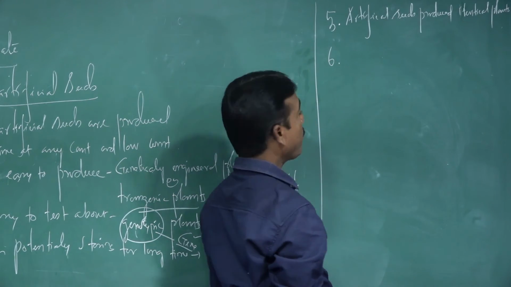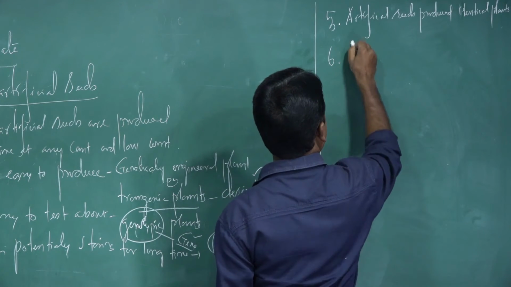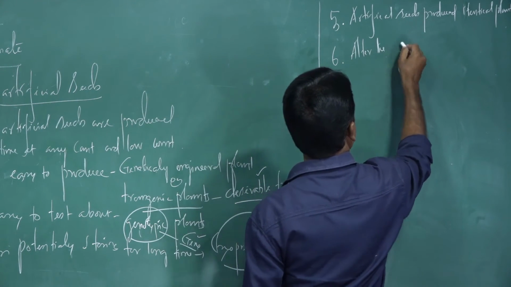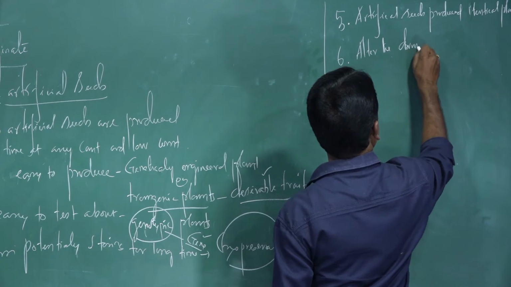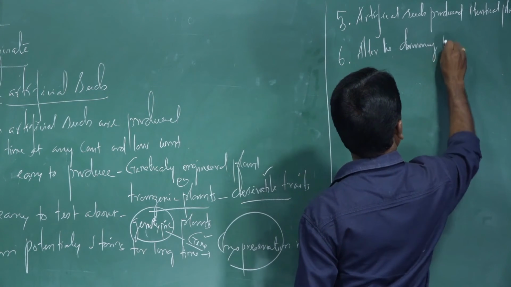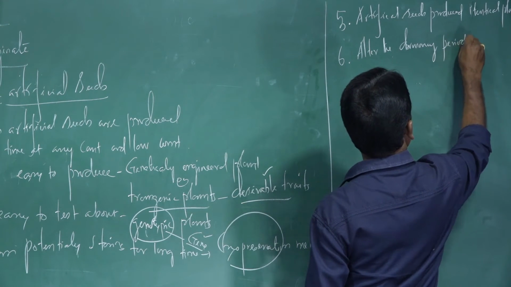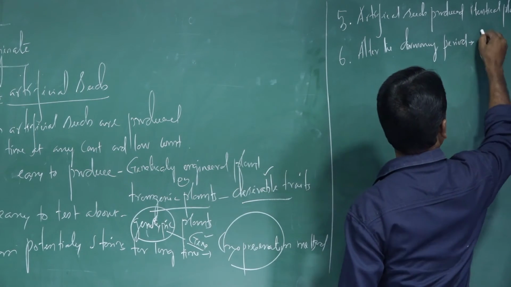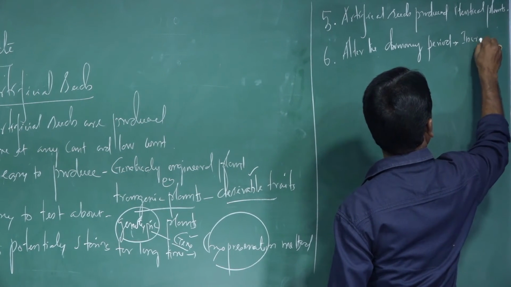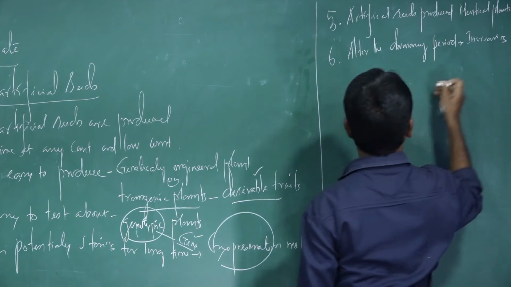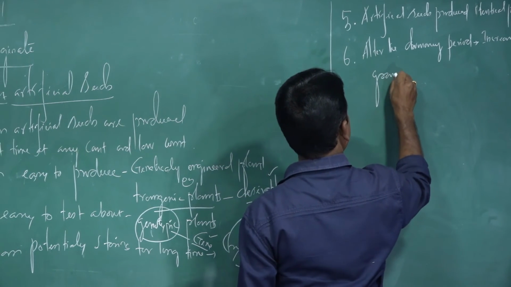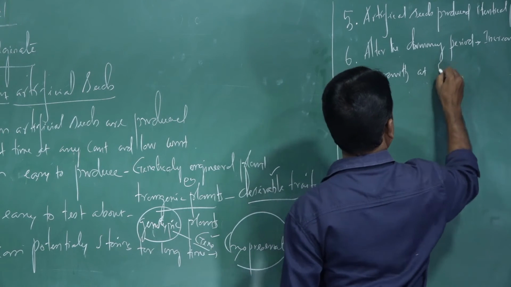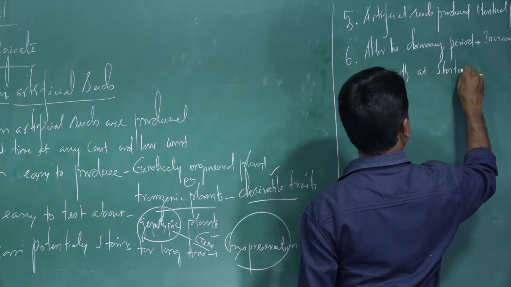Artificial seed can alter the dormancy period, resulting in increased growth in a short-term life cycle.